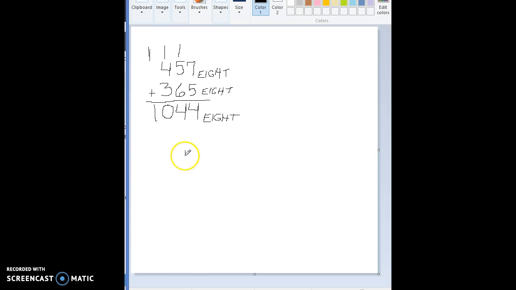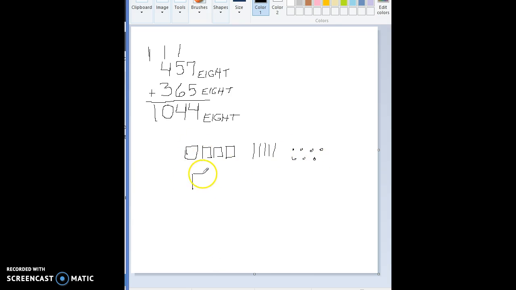So if you wanted to use the base pieces, which again is fine, I'm going to represent the first number with 4 flats, 5 longs, and 7 babies.